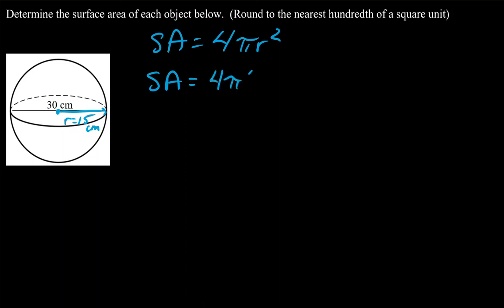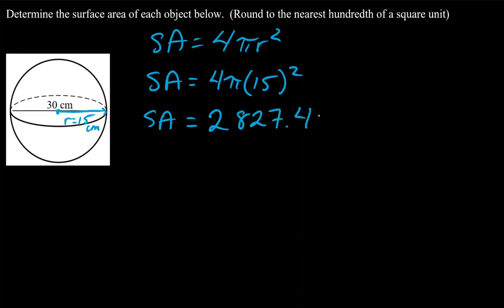4 pi r squared. So when I chug all of this into my calculator, 4 pi 15 squared, I end up getting 2,827.43388 and so on, centimeters squared.